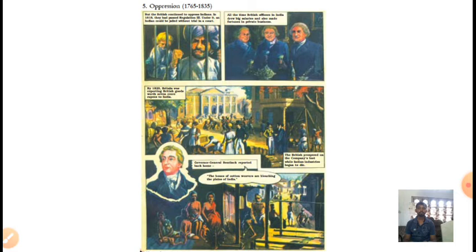In 1829, the British exported goods to their country from India, about 7 crores of rupees. So we cannot imagine 7 crores. It is a very huge amount at that time. So later Governor General Bentinck reported back home, the bones of cotton weavers are bleaching the plains of India.